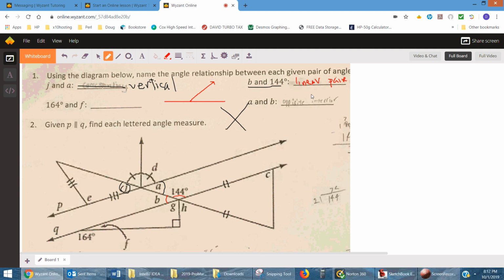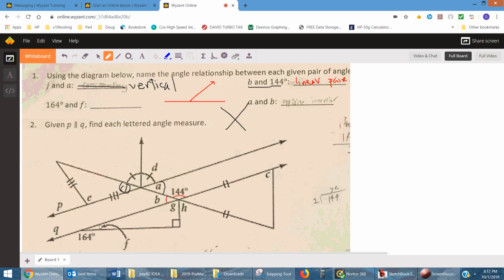Okay, and a linear pair are supplementary. That is, they add up to 180. So we're going to see in problem number 2 that B and 144 have to add up to 180.